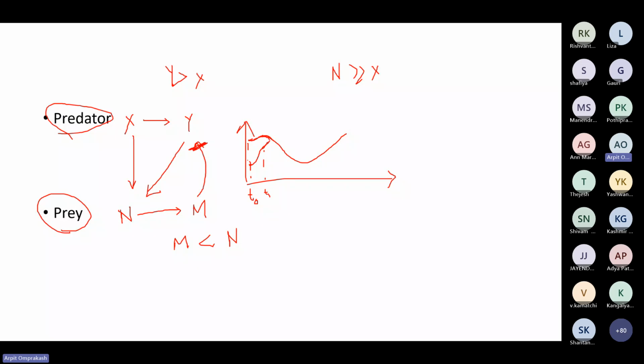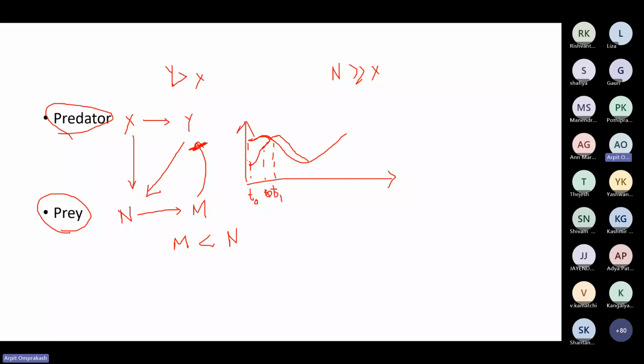After a point when they cross, more predators are hunting more prey and the prey population decreases further. But once the prey population declines, the predator has no food, so the predator population also declines.